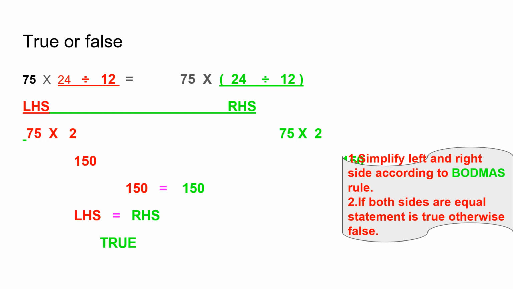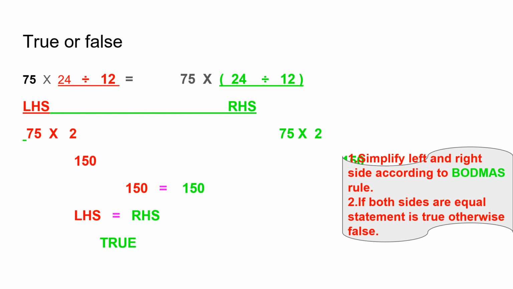Children, now we will solve the next example. 75 multiplied by 24 divided by 12 is equal to 75 multiplied by bracket open 24 divided by 12 bracket close. Left hand side, first of all do the division according to ODMAS rule.